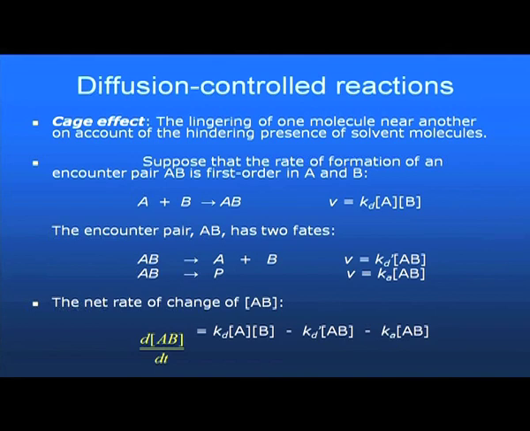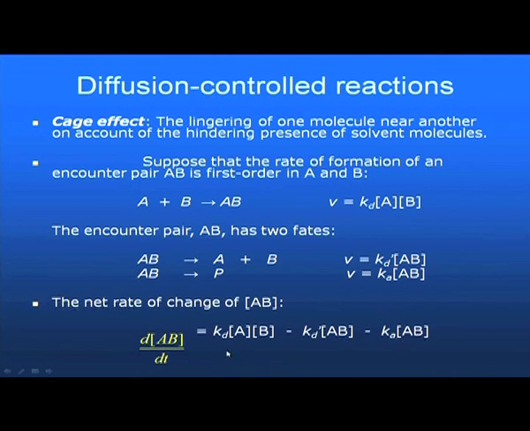The forward rate of formation of AB is the production step, and these two are expenditure steps, used up, so they will carry a negative sign. Therefore the rate of change of AB is Kd A B minus Kd primed AB minus Ka AB.